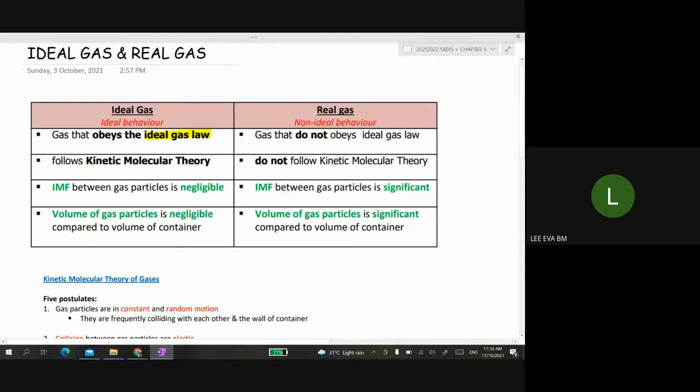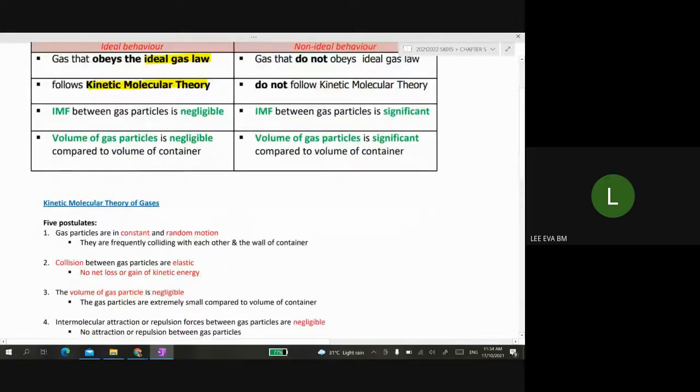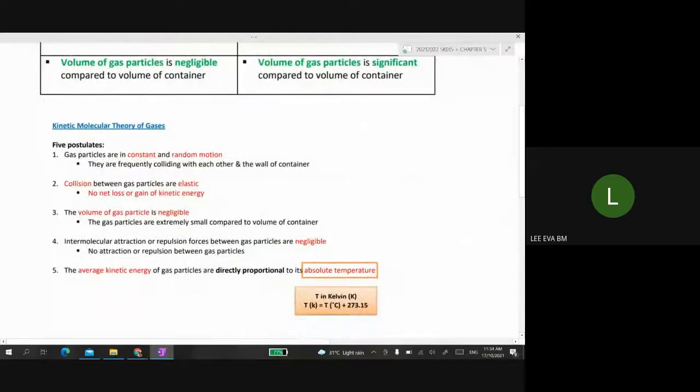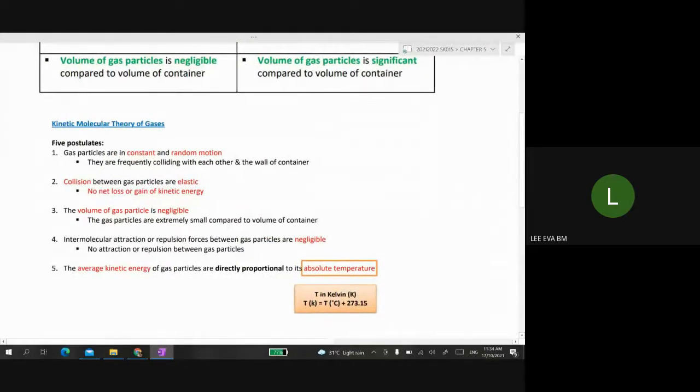Ideal gas law also follows kinetic molecular theory. If you want to refer back, in the very first page of your 5.1, we have the kinetic molecular theory, the five postulates. The gas particles are in constant and random motion, collisions between gas particles are elastic, volume of the gas particle is negligible. Highlightkan point yang ketiga kalau ada nota ya.